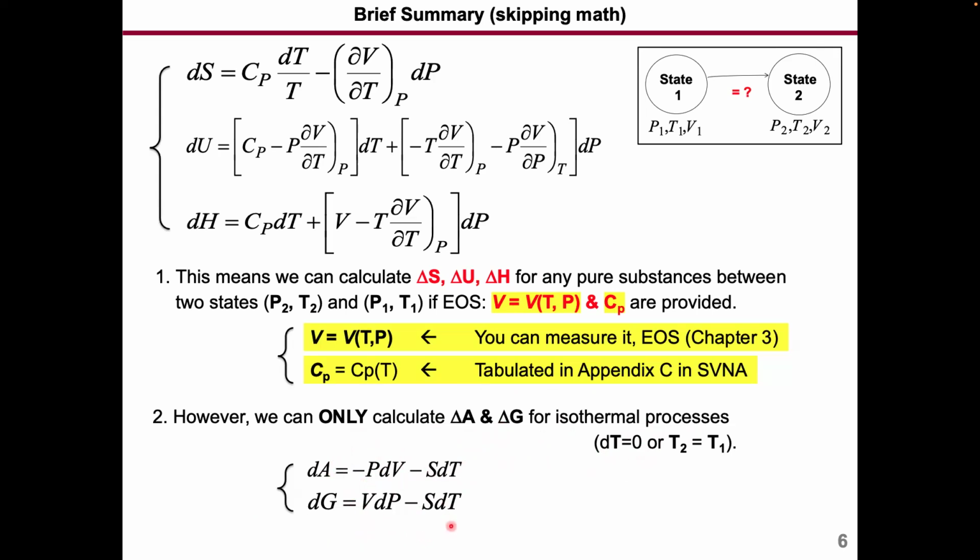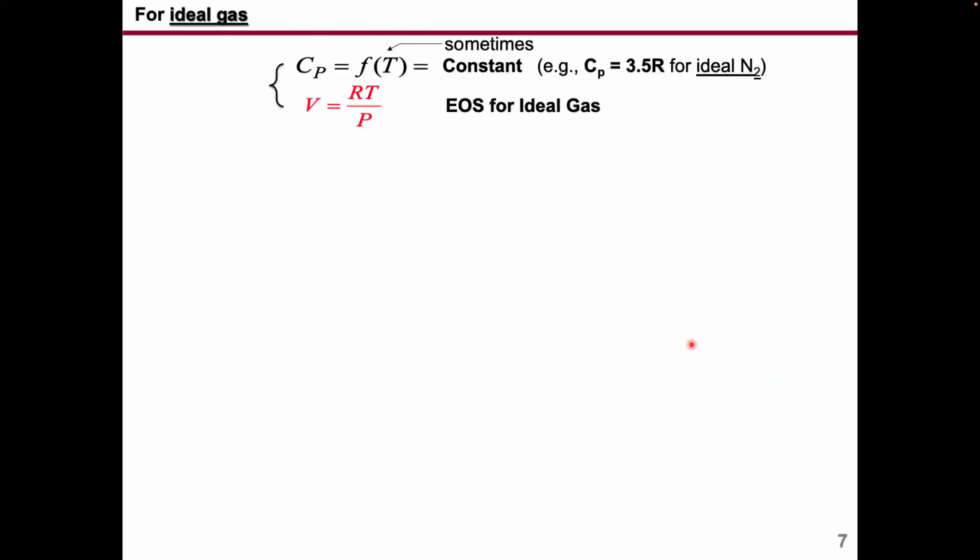So that's combining the first law and second law, and from there you can calculate the change in thermodynamic properties between states, as long as you know the heat capacity and the PVT relationship, or the equation of state.